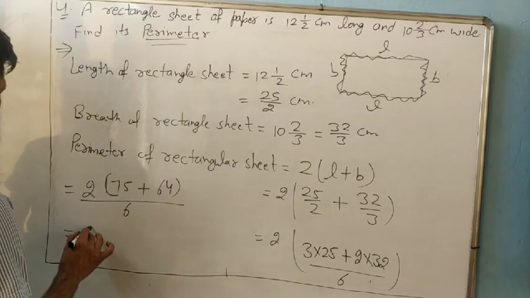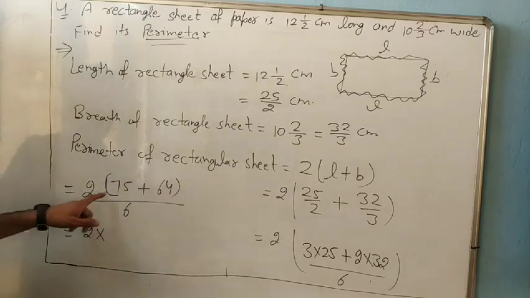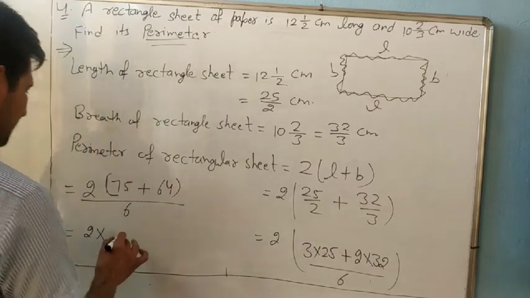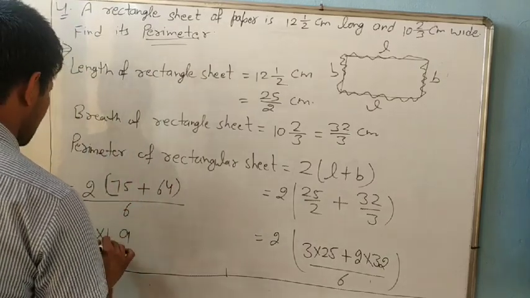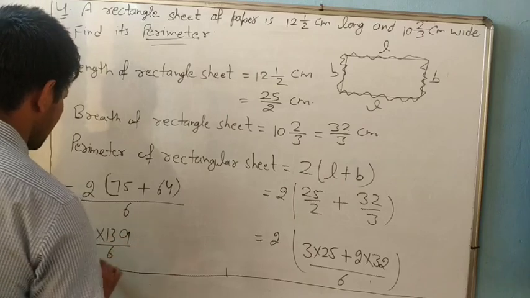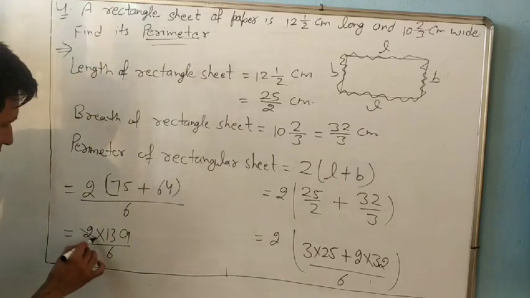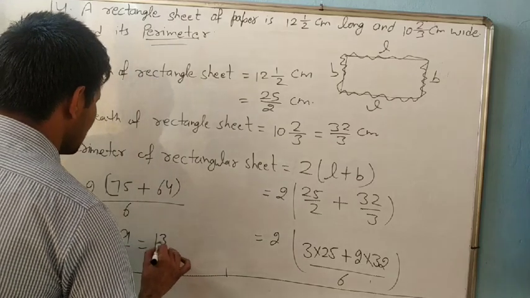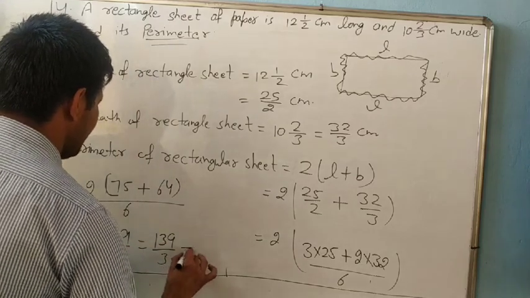It becomes 2 multiplied by 75 plus 64, which is 139, divided by 6. You can cut 2 and 3. So it is 139 divided by 3.